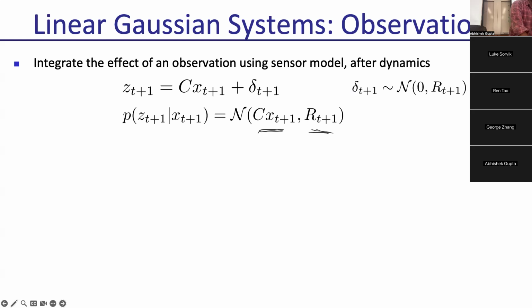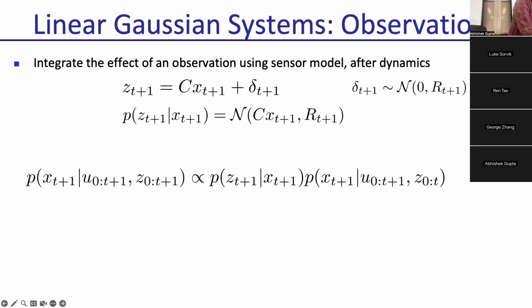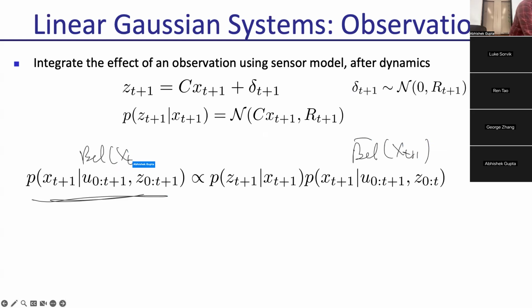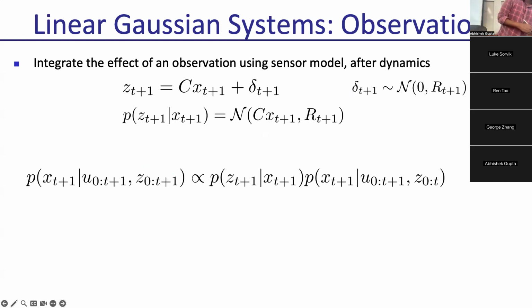So what we're going to try and do is figure out how to go from belief bar at x_{t+1} to belief at x_{t+1} using the measurement model. Same thing we did for the particle filter, but we're going to do it for Gaussians.